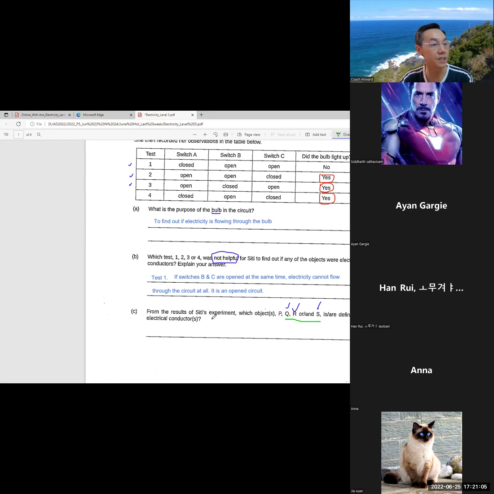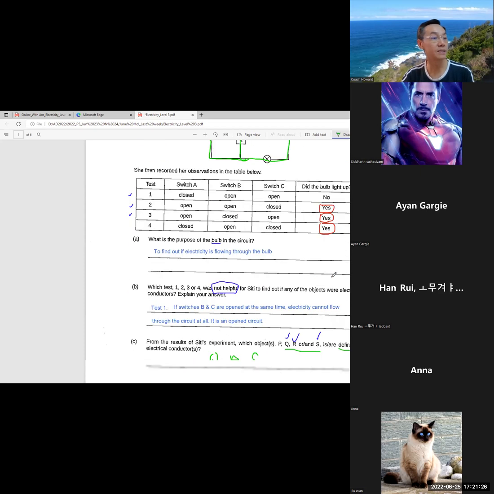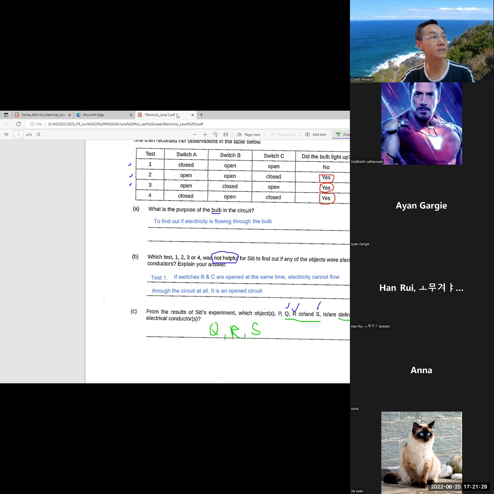So the answer is Q, R, and S, because they say definitely confirmed. For P it is unknown, because the current can either go to P or go to Q, because A is closed, so they can choose the 2 pathways. Understand this one? If you don't understand, later when I finish recording, you ask me the question.